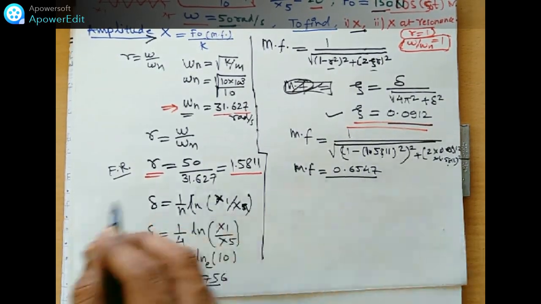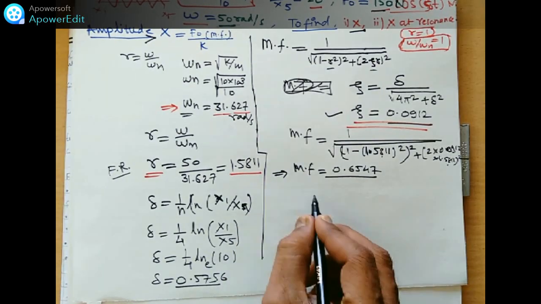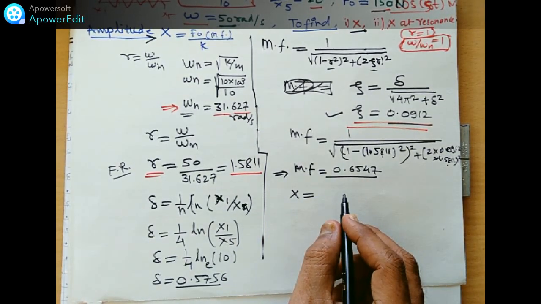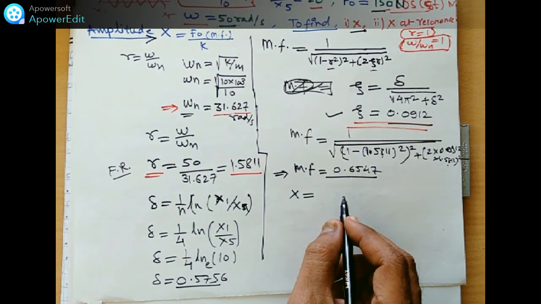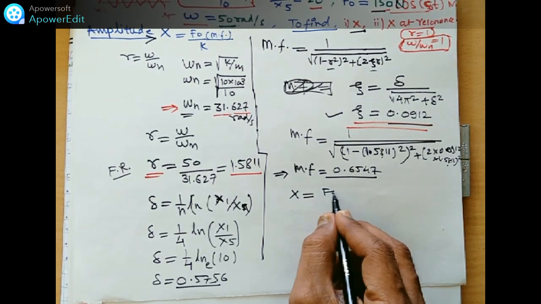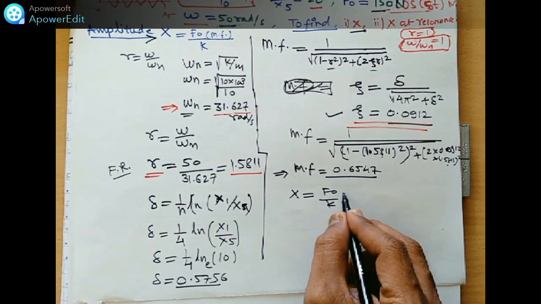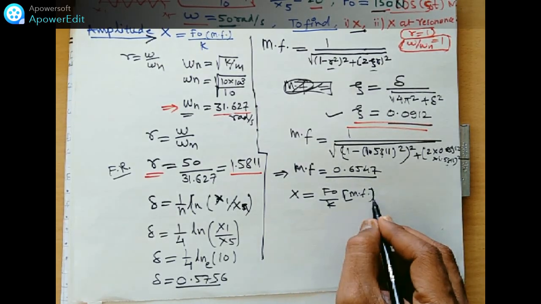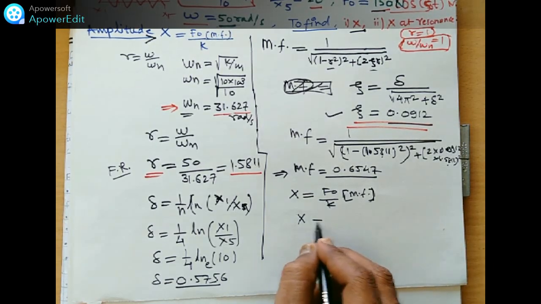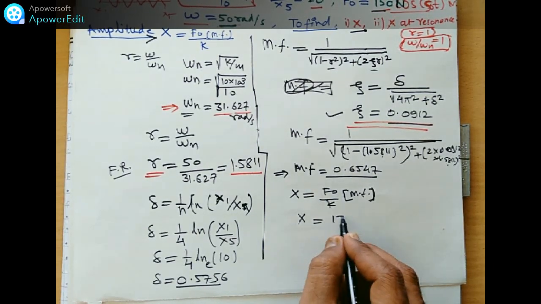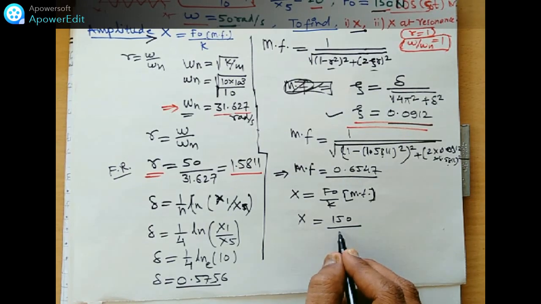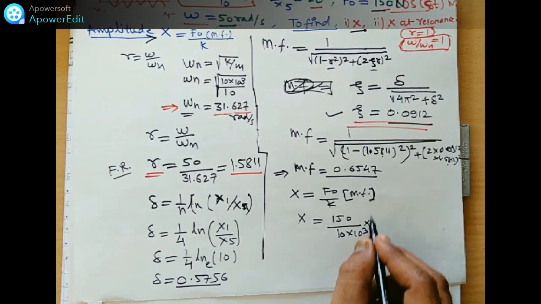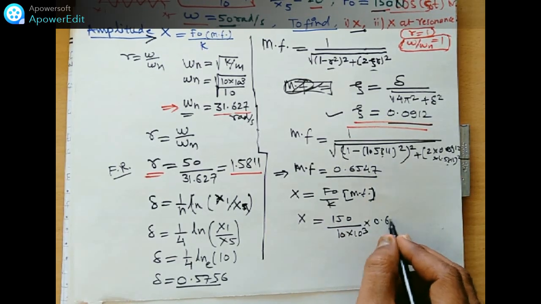Once we have the value of MF, we have to find the x. How to find the value of x? We can find x by using the relation F0 by K into the magnification factor MF. So x is equal to, what is F0? 150 upon K, 10 into 10 raised to 3, into this MF, 0.6547.